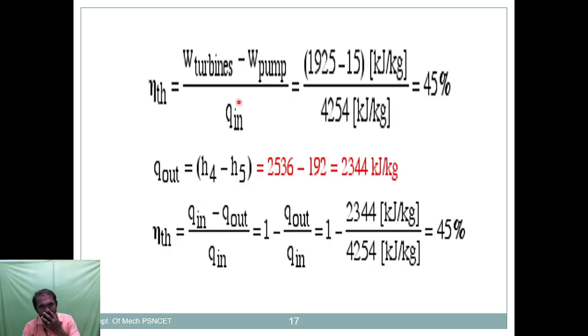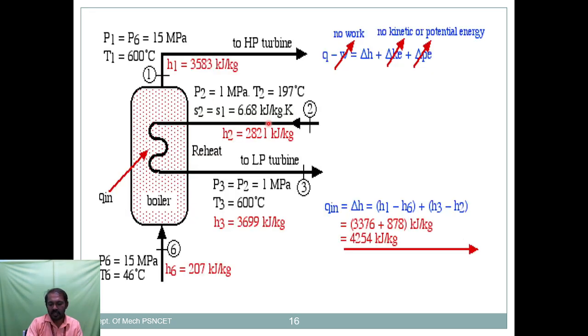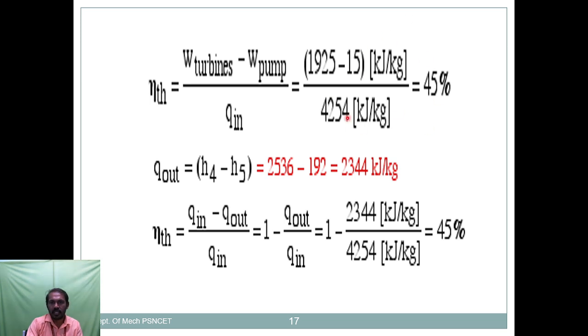Here is the formula. Thermal efficiency is the turbine work minus pump work, divided by heat input. So finally we substitute all the values here.